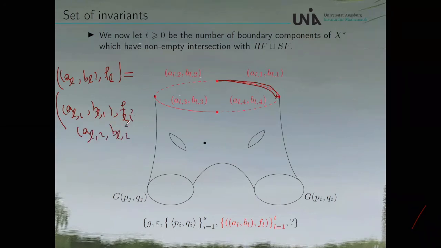So this FL1 is the determinant of AL1, BL1, AL2, BL2. And this is the point that we understand if this fixed point is topologically regular or topologically singular. If FL1 is plus minus 1, it is topologically regular.